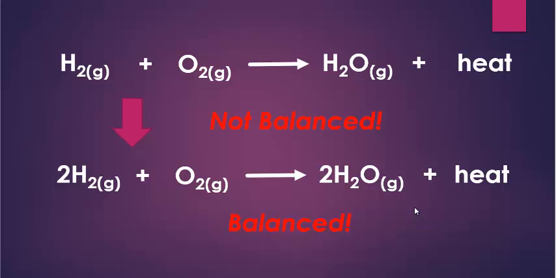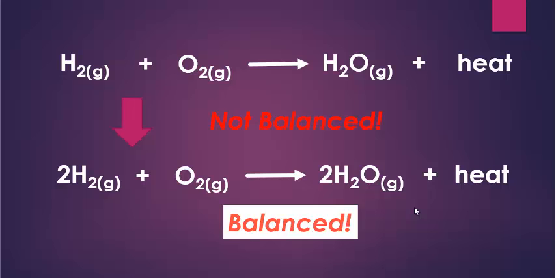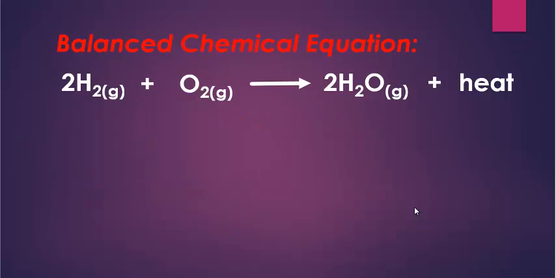Now you can see there are 4 hydrogens and 2 oxygens on each end, the reactant end and the product end. So hence this equation is balanced. For any balanced chemical equation, what would be the meaning of it?